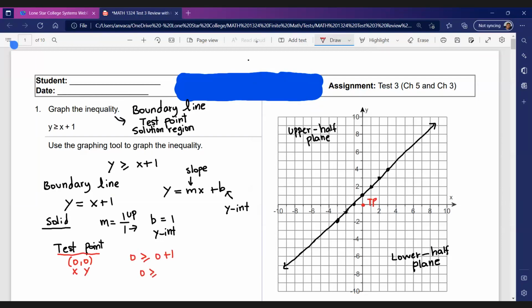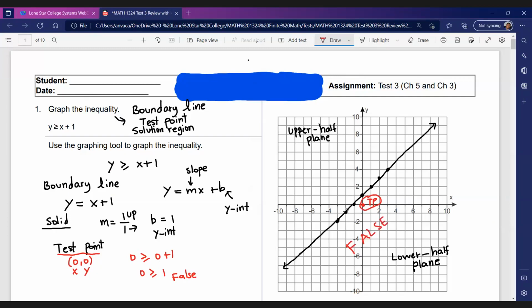It turns out that this mathematical statement is false. Therefore, what's the conclusion? Just by testing this one point in the lower half plane turns out to be false, every point under the boundary line will be false.